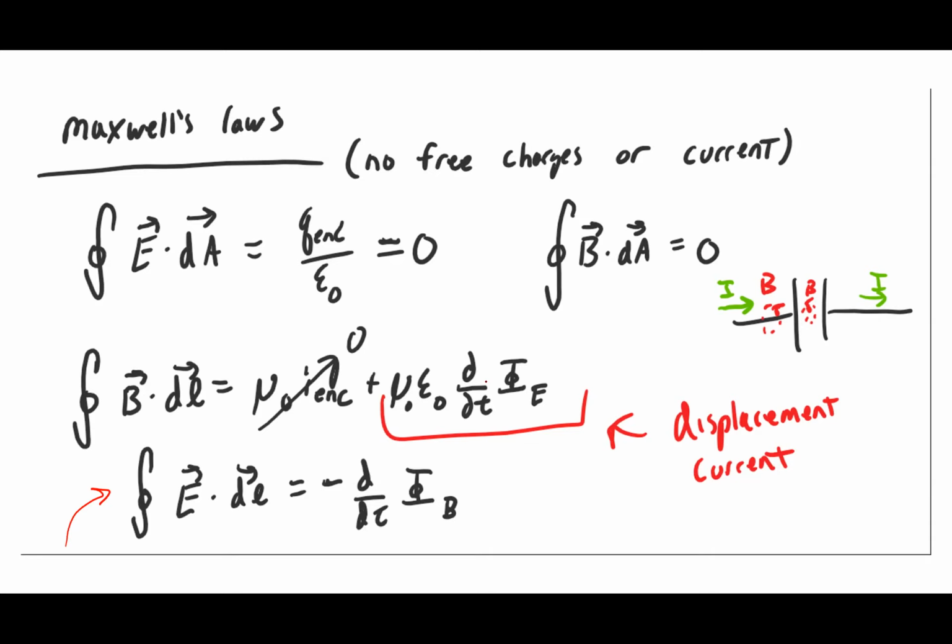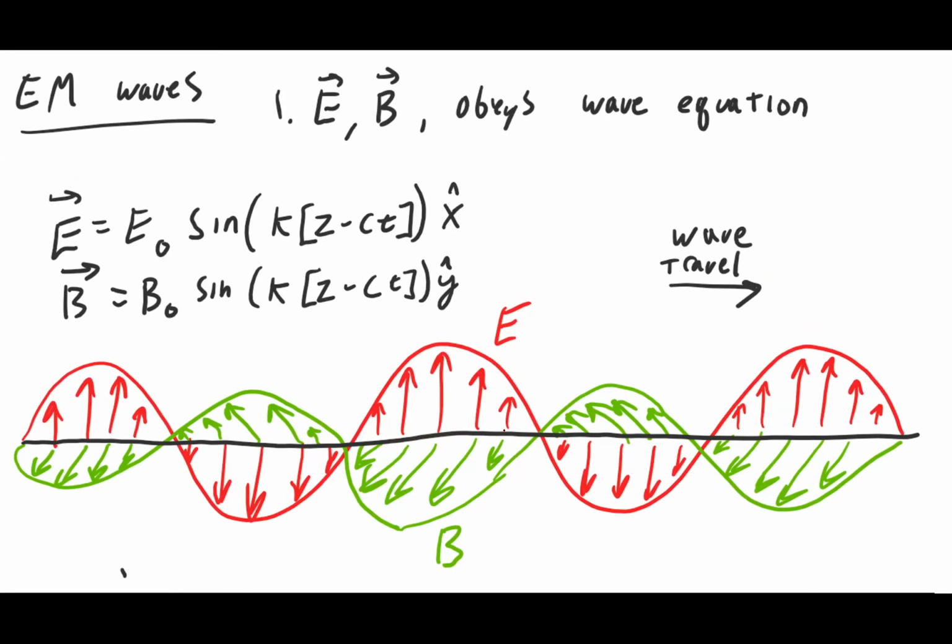So our E and B waves can be waves, but they still have to obey all the rules we figured out in 122. So Gauss's law still has to make sense. Ampere's law still has to make sense. And so we could follow that through and arrive at some restrictions on what our E and M wave could look like. So if we start out with a periodic wave, that's kind of the easiest to visualize.